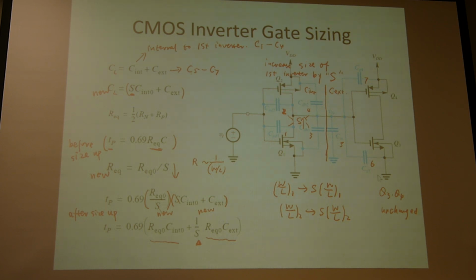But the external delay gets reduced by 1 over S. So the conclusion here is that the internal delay has no change, but the external delay is reduced by 1 over S.